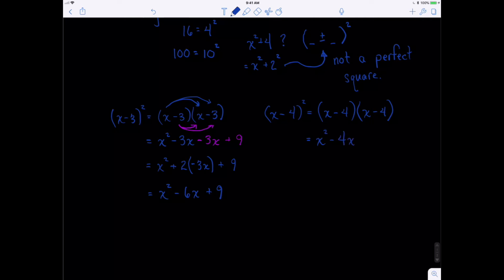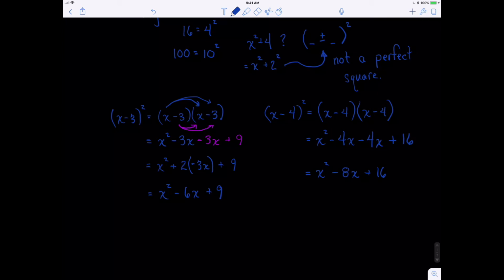Then we distribute again to get another minus 4x, and then a minus 4 times a minus 4, we get a plus 16. Then negative 4x and another negative 4x is minus 2 of those, or x squared minus 8x plus 16.